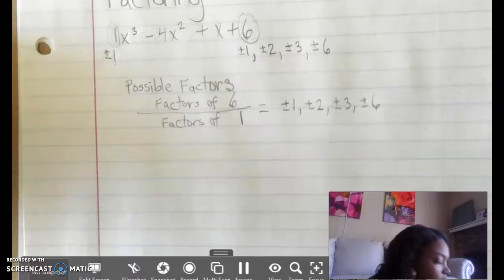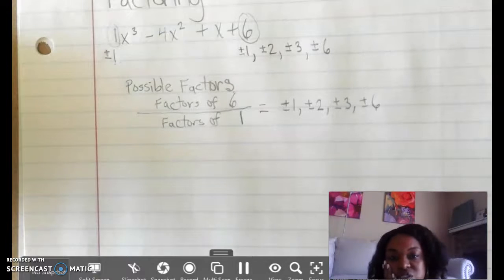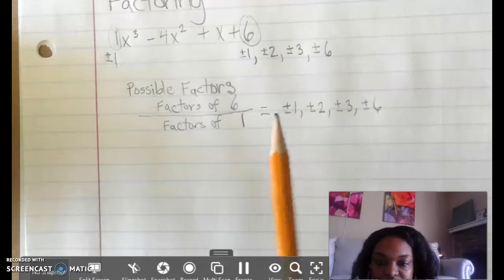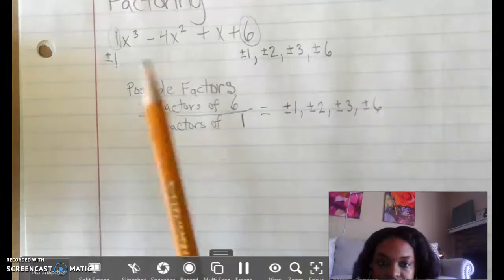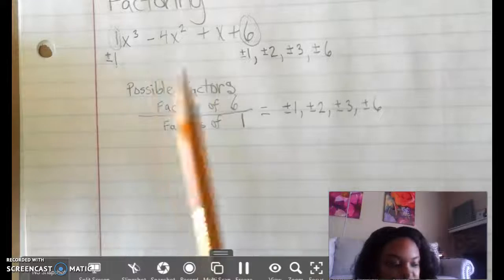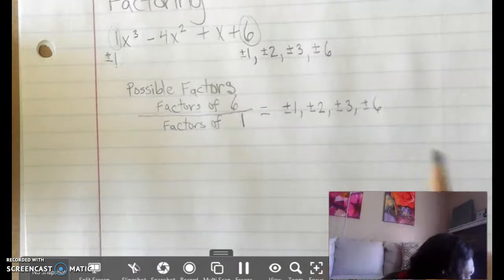Okay. So a factor just tells us a number, or a term, that we can multiply to get the entire polynomial, or it's a way that we can find the roots if we were to solve for x. So we can think about these possible factors as just solutions to this polynomial. So if I were to plug these back into this polynomial here, I should get 0 if they're real solutions.